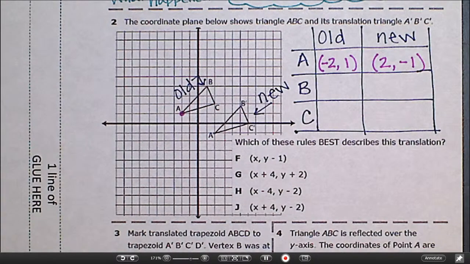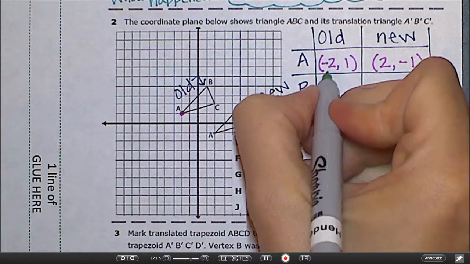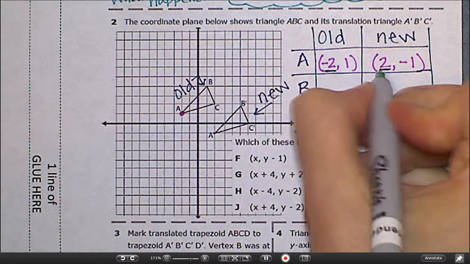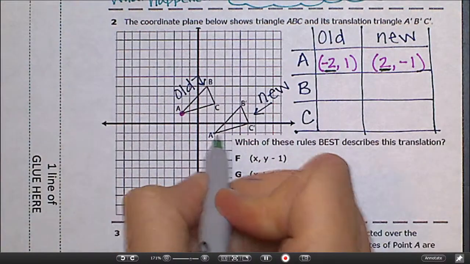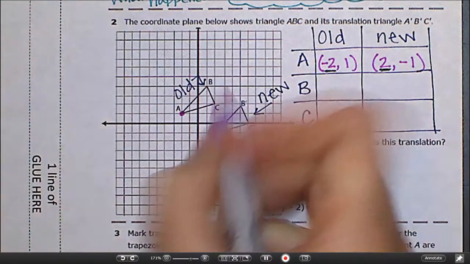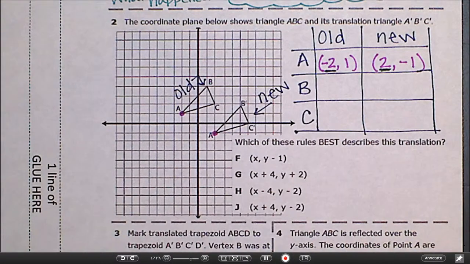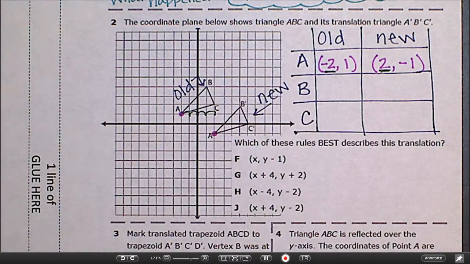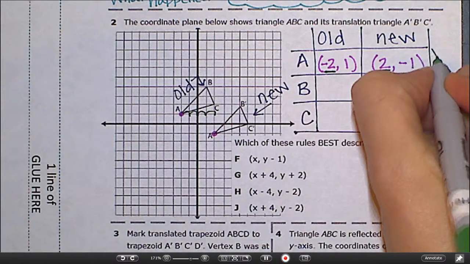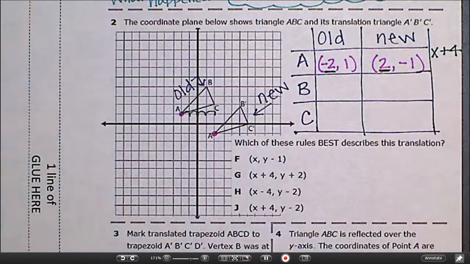The x value, what happened to get from -2 to 2? To go from -2 to 2, I have to move to the right 1, 2, 3, 4 places. So this would be x plus 4.